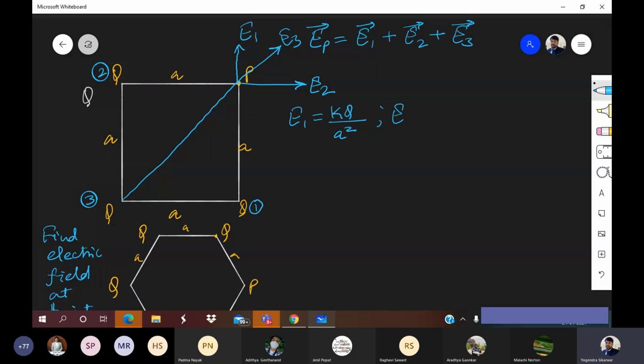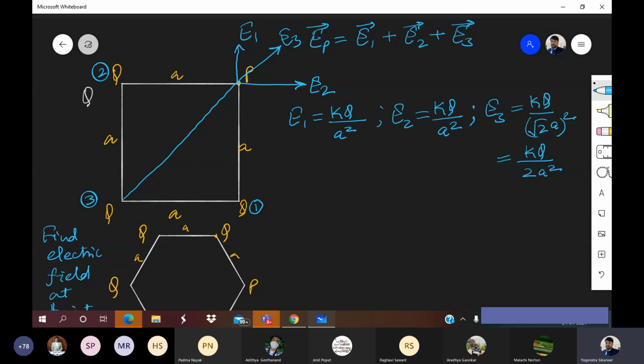E2 will also be KQ by A square. And E3 will be KQ by root 2A square, and that is KQ by 2A square. Okay. So these are the values of E1, E2 and E3.